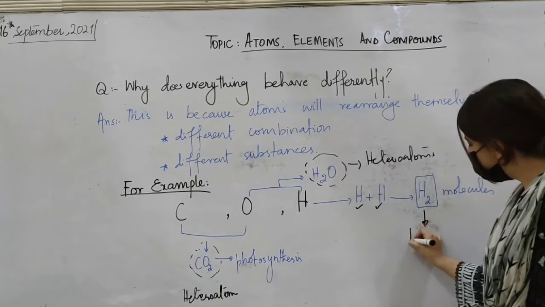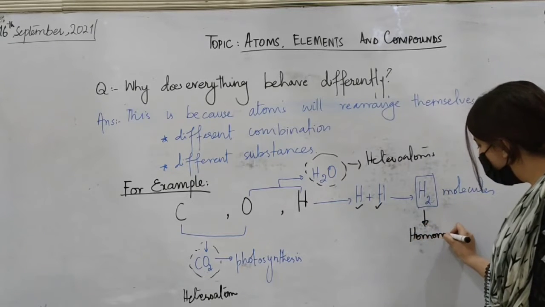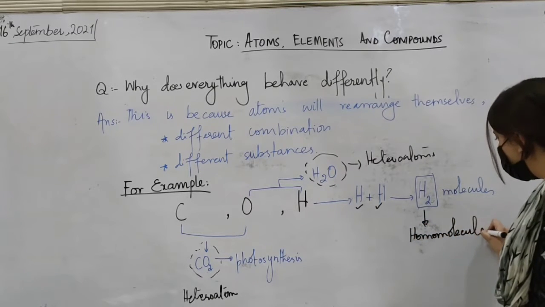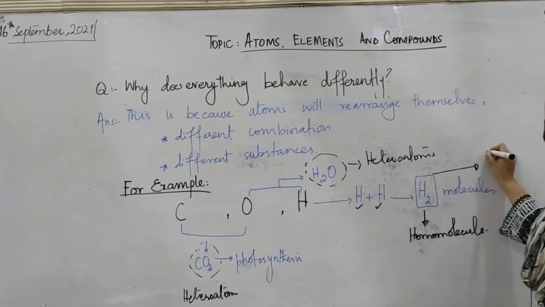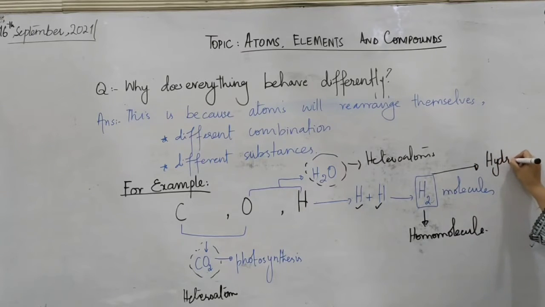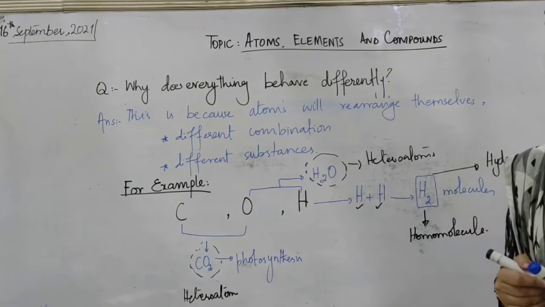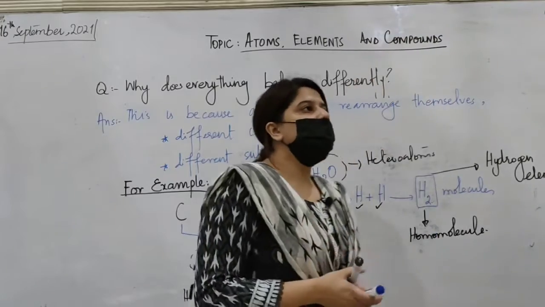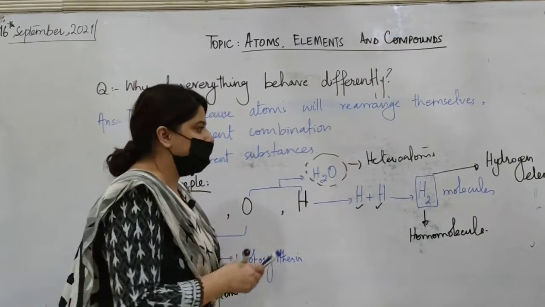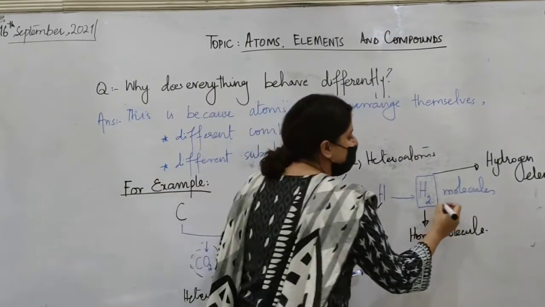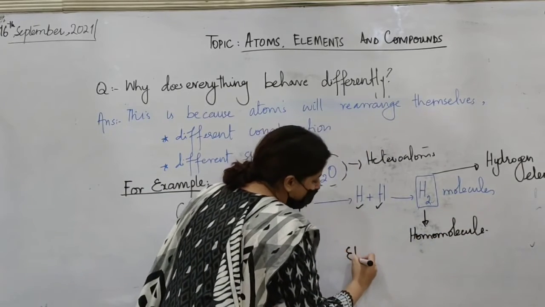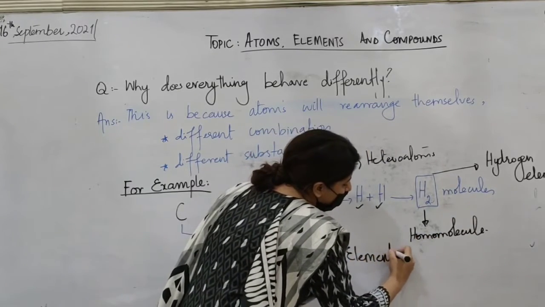So we can say that this is a homo molecule, or we can say that this molecule contains hydrogen atoms, hydrogen elements. So now we can conclude the definition of an element. What is an element? An element is basically a substance. I'll write the definition here. Element.